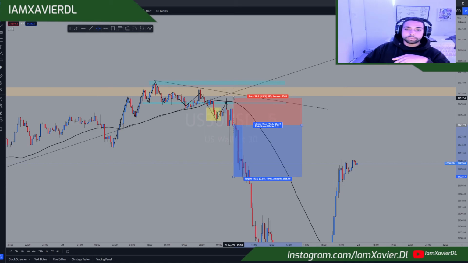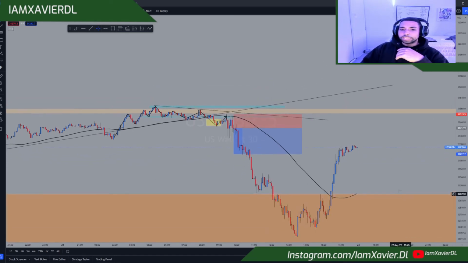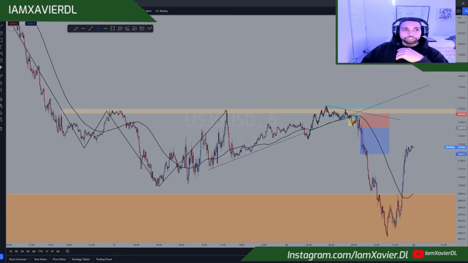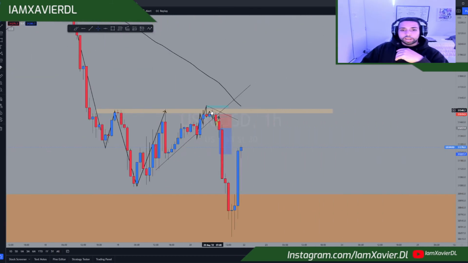In this case, this is about a 100 point stop loss. And when it comes to take profit zones, I usually am aiming for previous areas of support. So this was pretty much what I would have been aiming for. This was exactly what I'm aiming for, right?